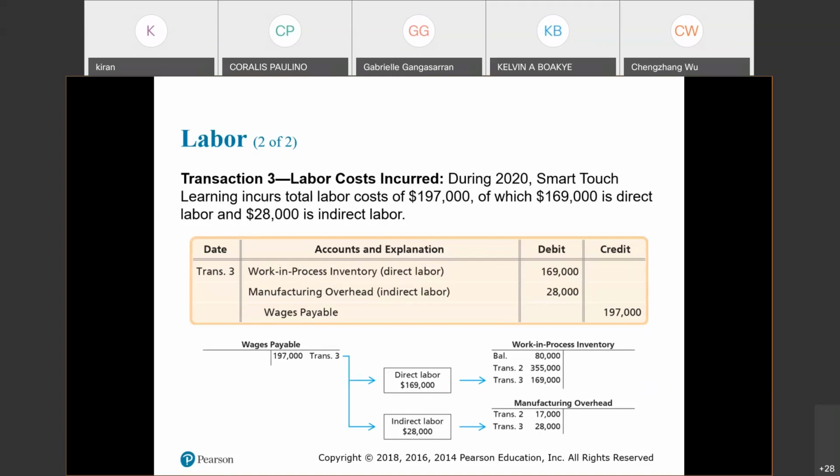So this is also pretty much straightforward, as we learned in financial accounting class. This is how we make the ledger.